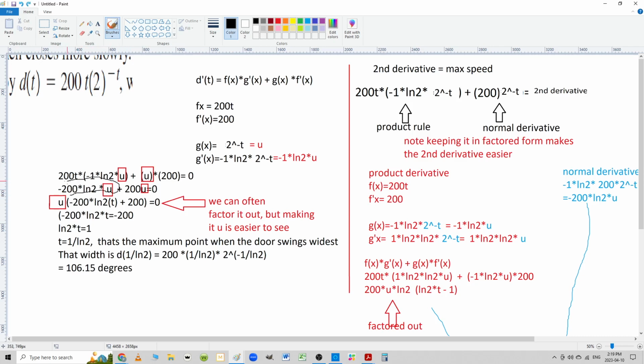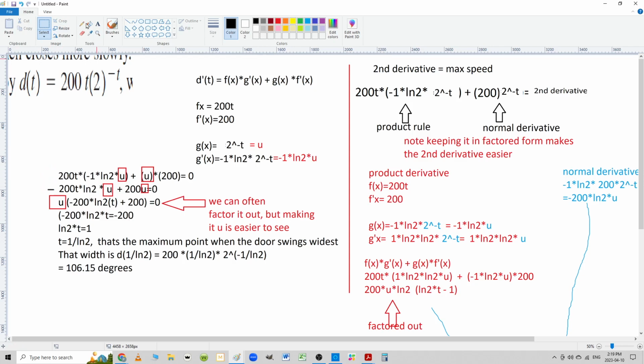When I factor out a u from this left side, I get minus 200 times ln 2. And by the way, I missed the t. I forgot to write the t here. I'm going to write it down below, and I have to remember to put a minus in front, because it's minusing the minus 1.